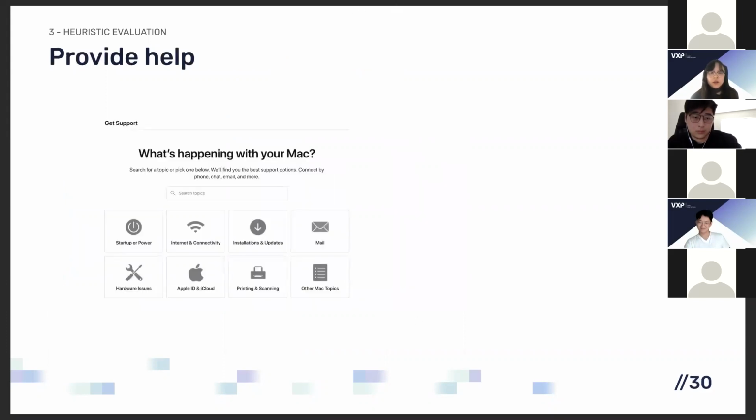And does your application or product provide help? When users need to find certain things, how long does it take for them to discover help? So when you're shopping on Apple and you run into a problem with your product, you have to go through a couple of stages in order to either get connected to customer service, or you might be able to find answers to your questions by using one of these choices.